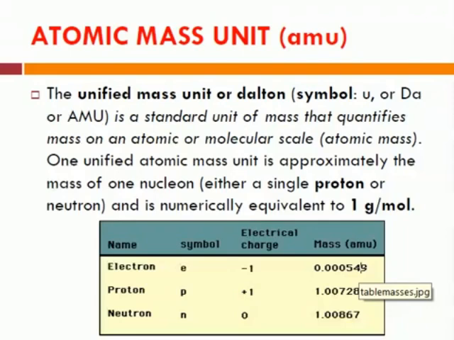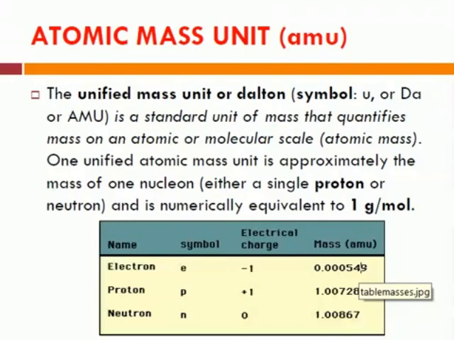Then convert kilogram to gram. Multiply the mass in kilogram by 1,000, because we have 1,000 grams for every 1 kilogram.